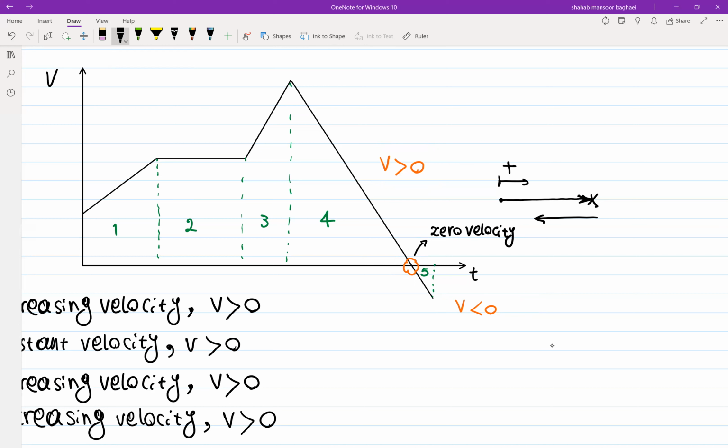At first, it has forward motion to the right. That's correct. But eventually, it will go backward. What happens between the forward motion and backward motion? Of course, you need zero velocity between these two to change the direction. Consequently, this point is called a change in direction, very important.